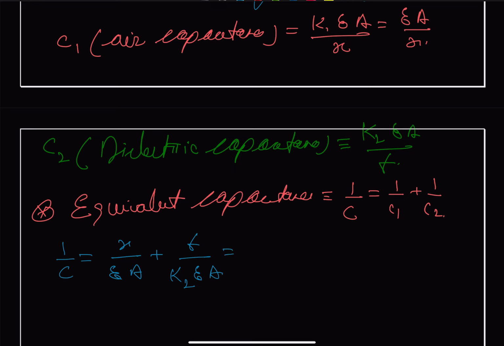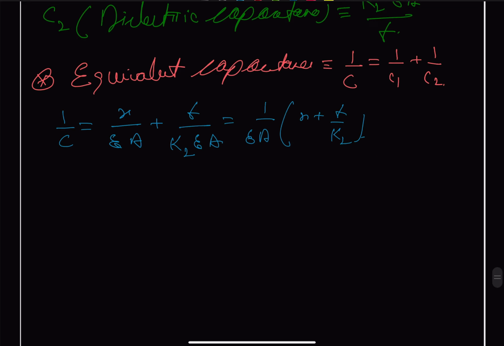So we get 1 upon epsilon naught A, and this will be coming as X plus T upon K2. So we get our C will be equal to epsilon naught A, and this comes as 1 upon X plus T upon K2. So this is our net capacitance, but it is given that initial and final capacitance is same.